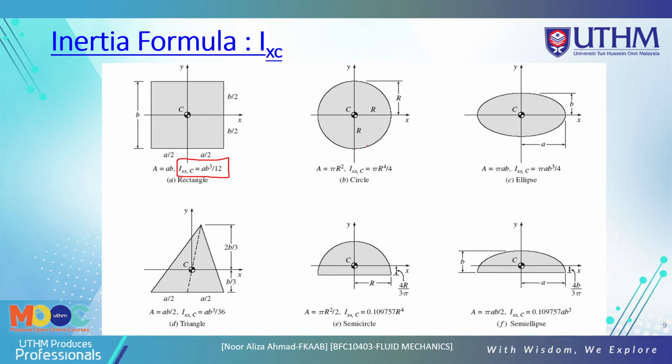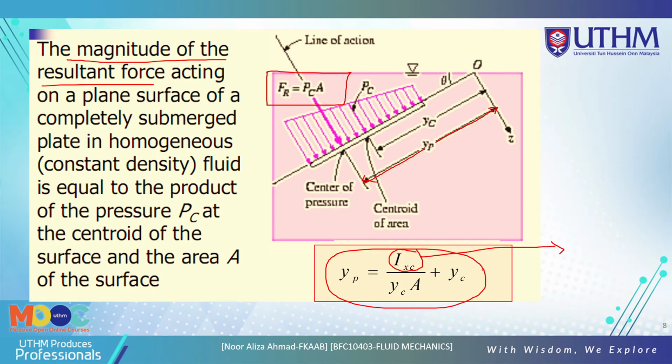If the plane surface is a rectangle, use this equation for inertia. If the plane surface is a circle, use this one. No need to worry, this equation will be given in the test or in your final. The YP equation and so on are given to you. You just must know how to get the I here.